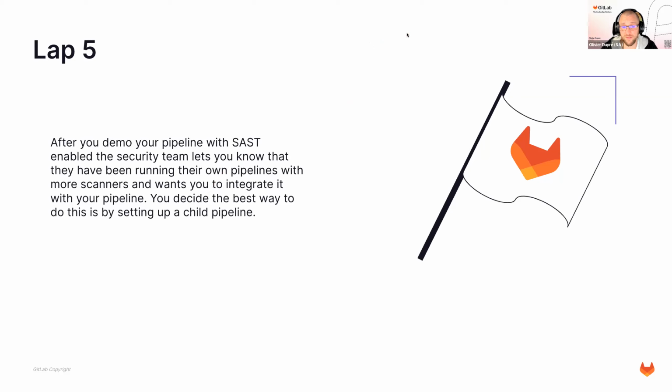So maybe you want to have a child pipeline here running all your DAST things while your main pipeline is doing the SAST, which is going very fast. And so you can provide the result to your developers very fast, while the DAST will give results later on. All right.